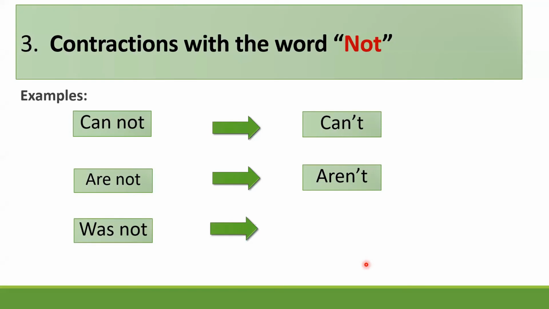Okay, so was not will become wasn't. How do you spell wasn't? W-A-S-N apostrophe T. So was not, the contracted form, is equal to wasn't. All right, is that clear? This is contractions with the word not.